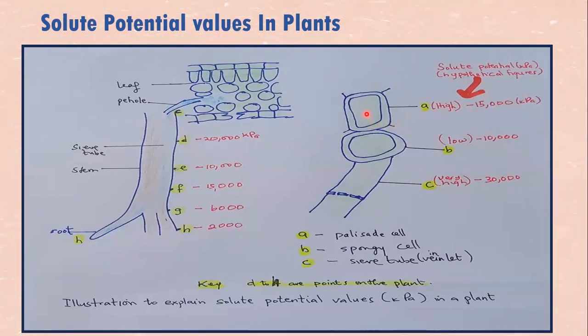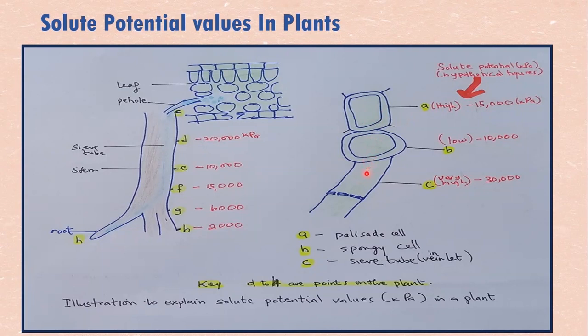So the solute potential in A is higher, in B is lower, so solute will move by diffusion, also by active transport. Then the solute is pushed into the sieve tubes greatly by active transport.